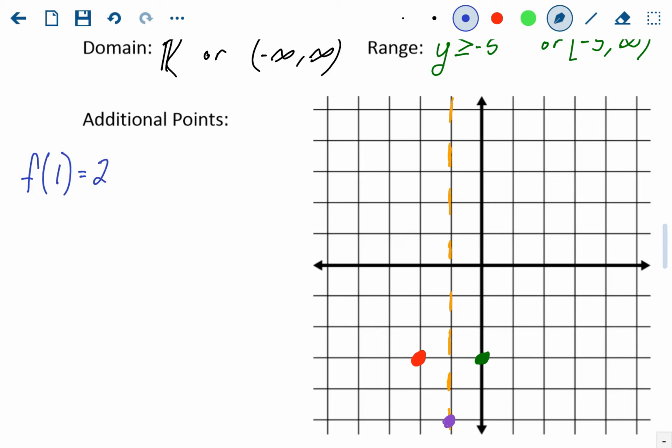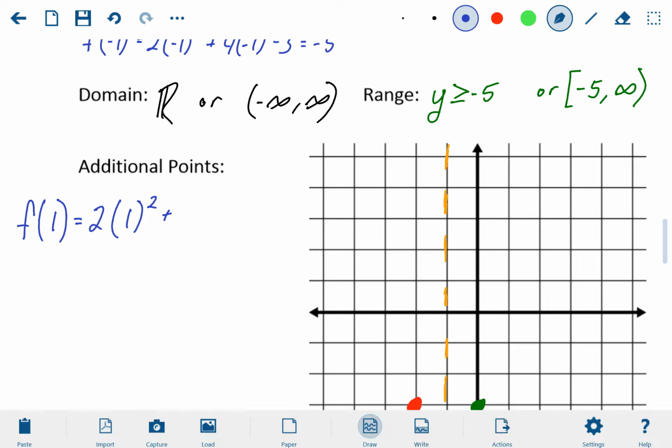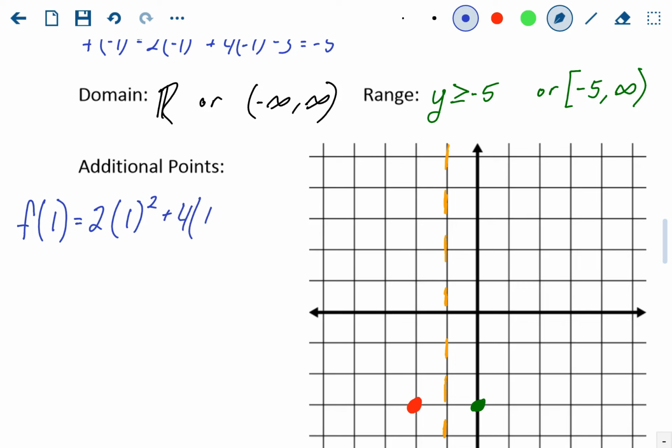That's going to be 2 times 1 squared plus 4 times 1 minus 3. So that's going to be 2 plus 4 is 6 minus 3 is 3. So f of 1 equals 3, which corresponds to the ordered pair (1, 3).